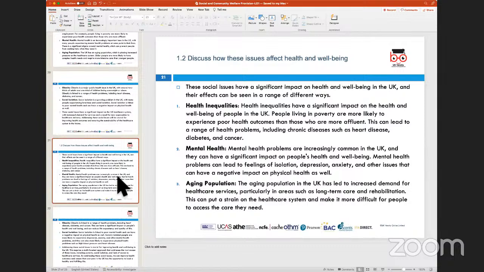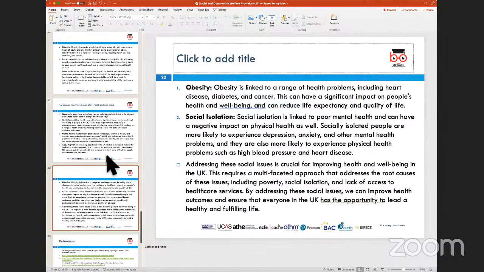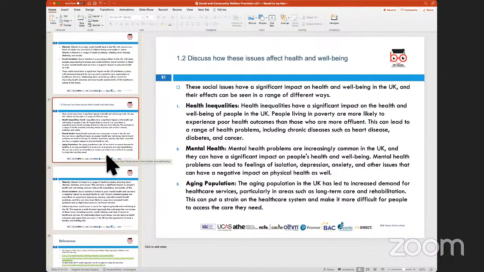So pick out any one example from these that you can relate to, and that would help you cover and understand this particular task, which is to discuss how issues affect health and social well-being. Now, there are one or two good sites that I would give as examples, and I will put them onto Moodle.